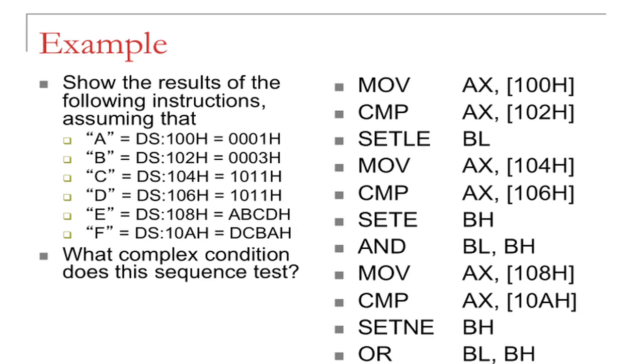Really, after this instruction, the value in BL depends on these two condition checkings. If both of these conditions are true, then both BL and BH are going to be FF. And when you do an AND operation, BL will have FF.